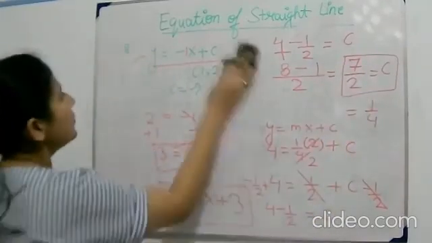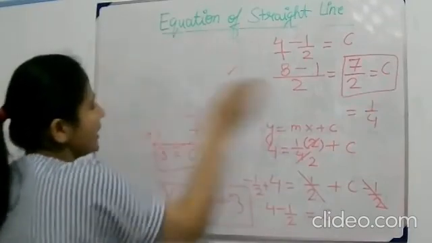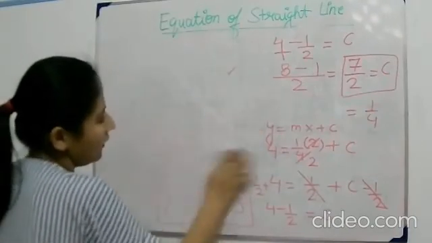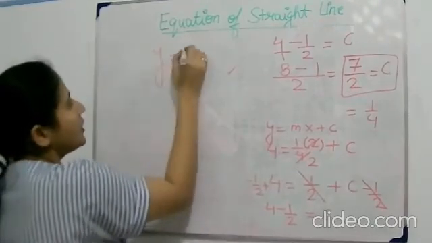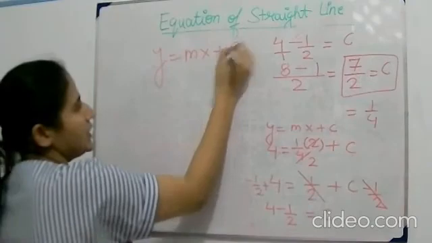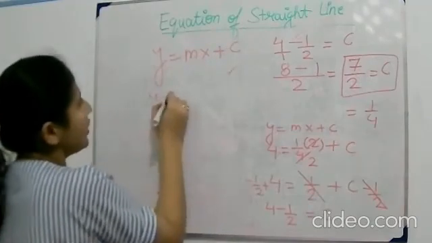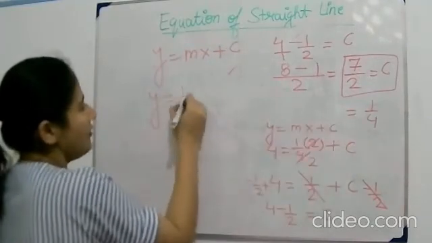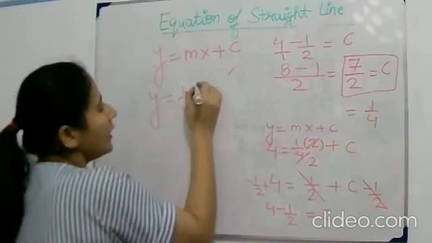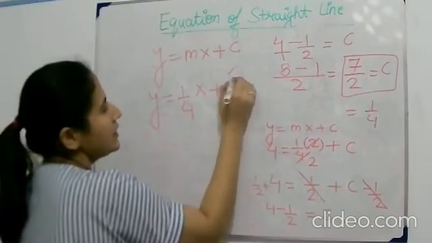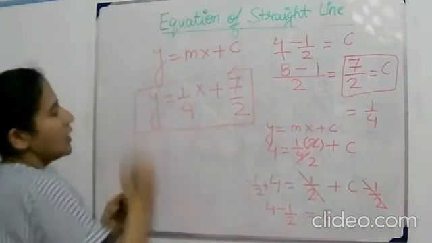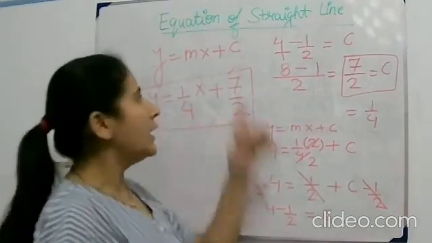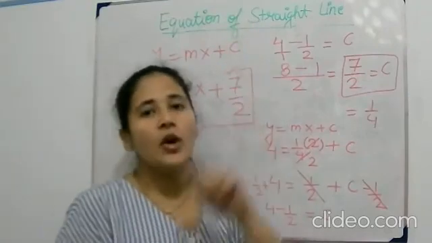Now substitute the value of c and the value of m in the equation. The equation is y is equal to mx plus c. Now y is equal to, the value of m is 1 by 4, x plus c, which is 7 by 2. So this is the equation of the straight line AB where coordinates were given.